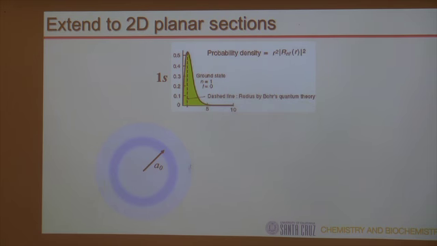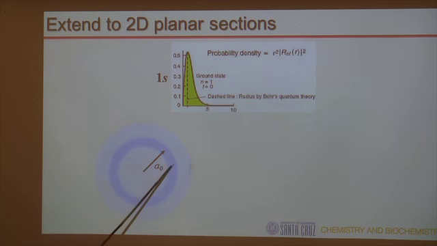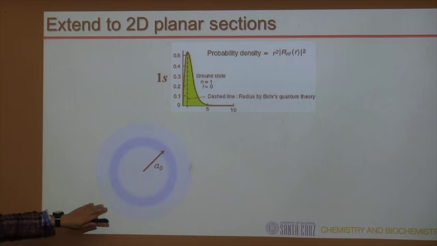That's the real quantum picture of the hydrogen atom 1s orbital. There's probability everywhere, but there's a denser, higher probability of finding the electron at r equals a0. A little bit abstract, okay?